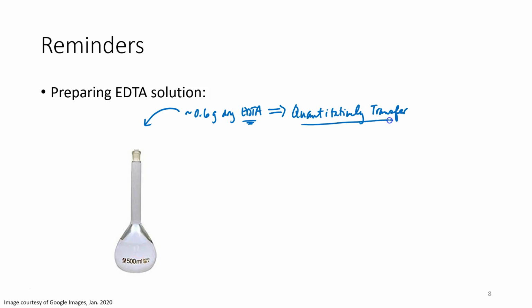Now, what does this mean? This means that you want to get every little speck of EDTA from your weighing bottle or your weigh paper into this vol flask. So I've seen some students use a funnel just to make sure that they don't spill any, and then they wash all that salt into the vol flask using a wash bottle.